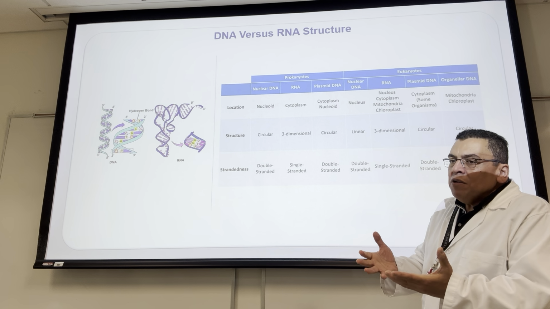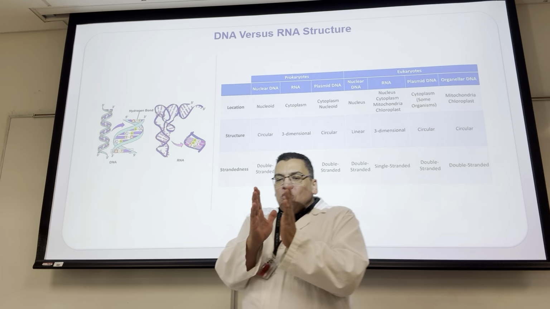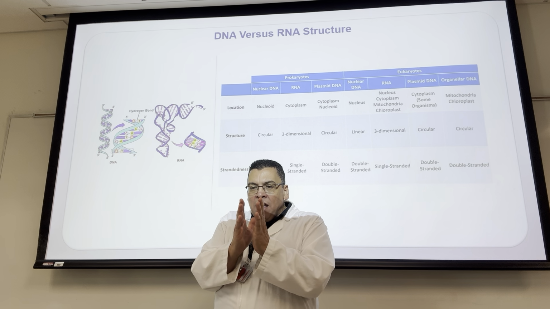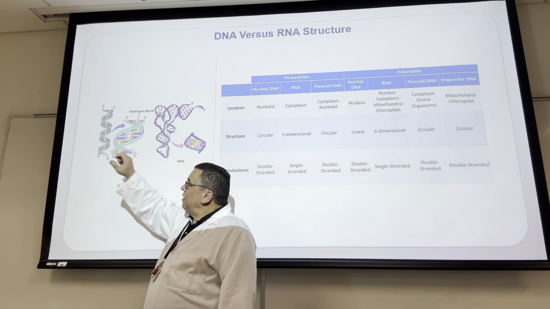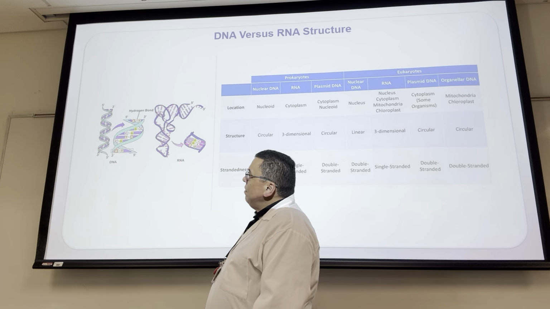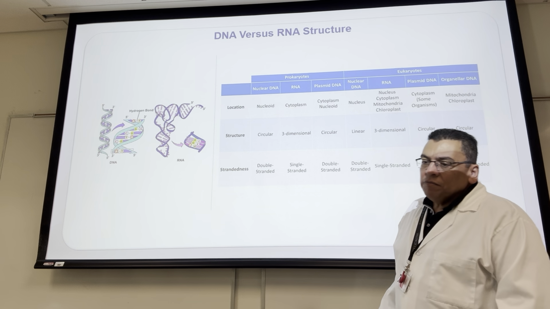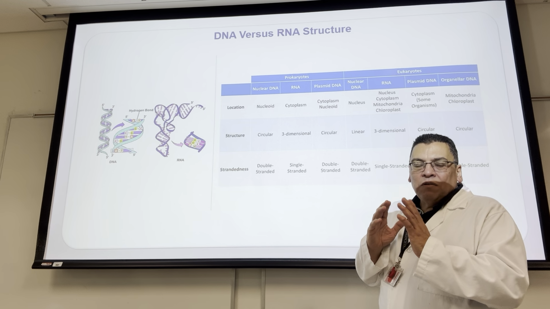Now the question is, what bond is holding the two strands together in DNA? And what is this dotted line? Hydrogen. That's a hydrogen bond. Yeah. It's going to be a hydrogen bond. So you got to understand the difference between these two.